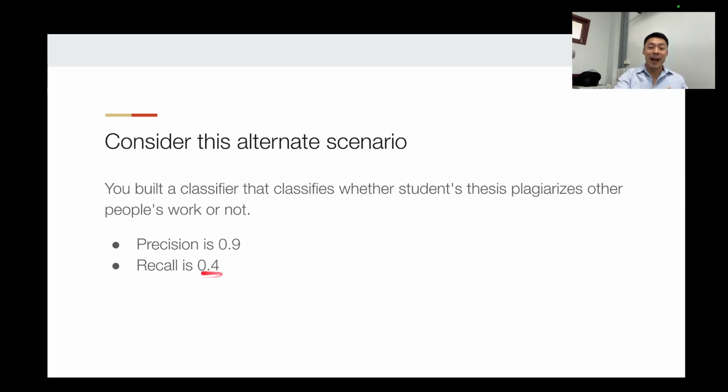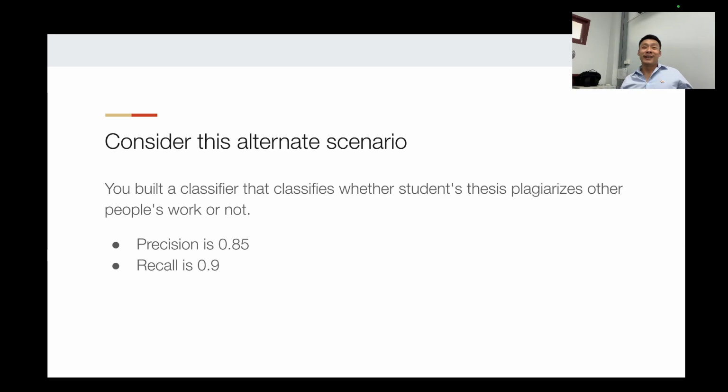You only flag correctly those just 0.4, right? So this system is probably better because you can actually do something and you would not hurt a student's feelings, like, I wrote this myself, why do you approach me with this, right? So in some cases, you want high precision and low recall. For example this one, because if you make a wrong decision, then your student would not like you. Okay? And we don't want to hurt anyone's feelings.